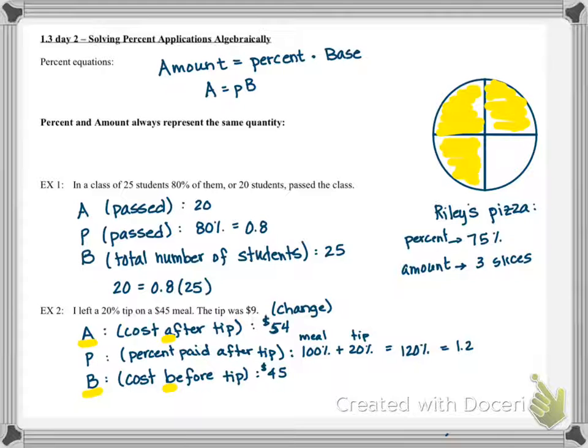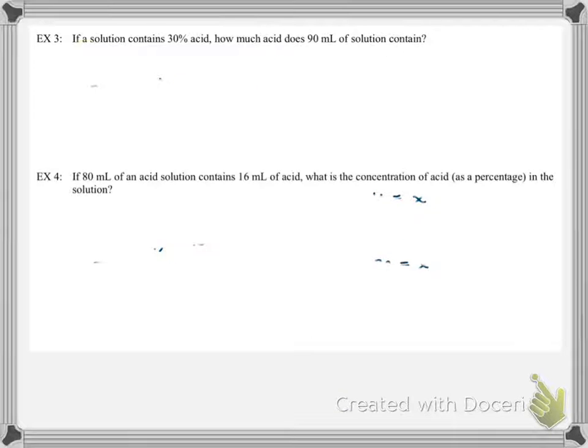Oh, I didn't write this down. The equation is 54 equals 1.2 times 45. And that should be true, I hope. Okay, so when an unknown is involved, we're going to set the problem up exactly the same way. I want to give you fair warning.